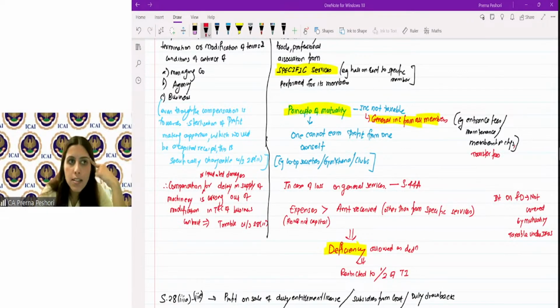Okay, last one case law, which is again very important. For the purposes of the MAT, let's say, for example, under MAT there is a capital gain income which is included in book profit. Now, the question before the Madras High Court was: can one claim 54EC against that capital gain?